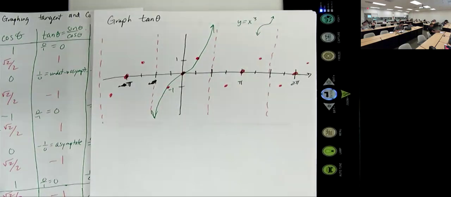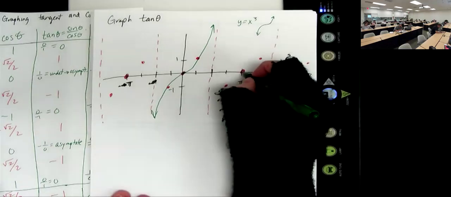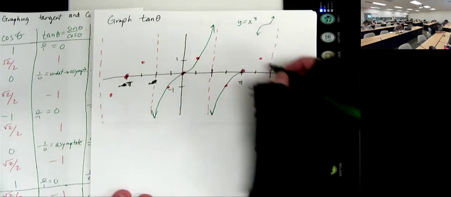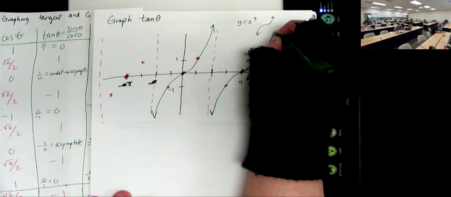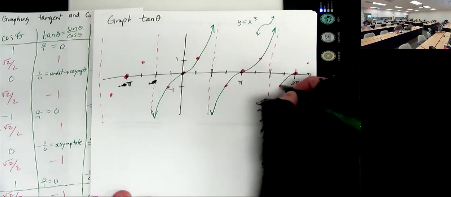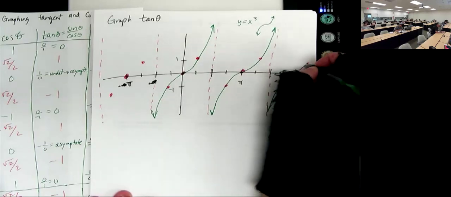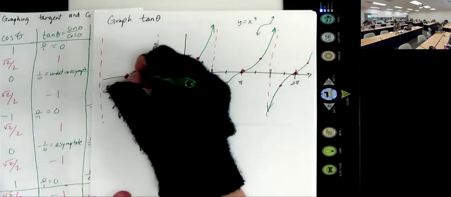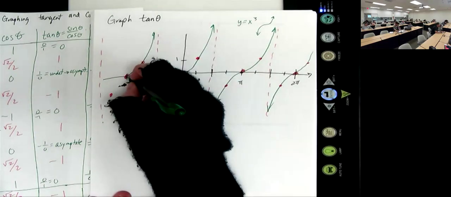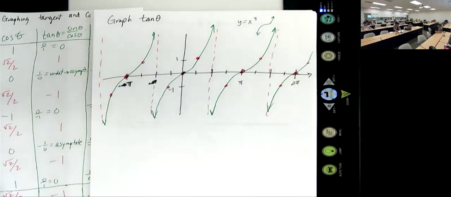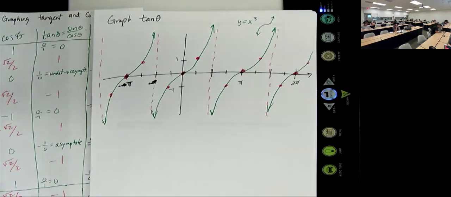It throws in some more points for you, but you get weird decimals. And as long as you remember it does this curvy shape and it keeps doing it.